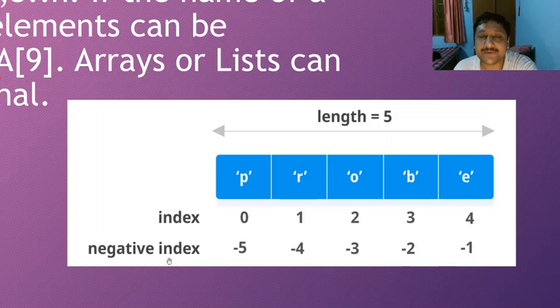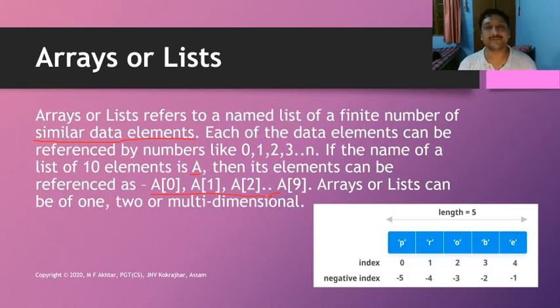Similarly, negative indexing is also given in a list: the last element is -1, then -2, -3, -4, -5. In any way, we can recall these data one by one using the positive index or the negative index. Whichever we want, we can access any element using either index system. This is the list, and throughout this chapter we will use lists to work with data structures.